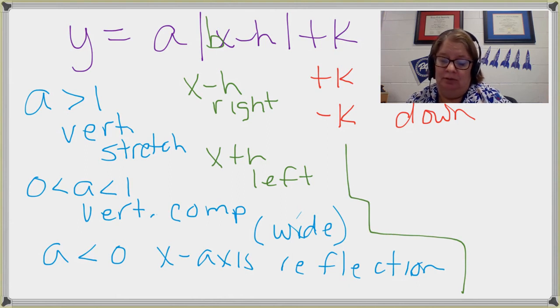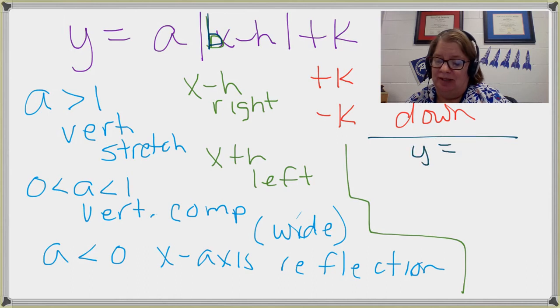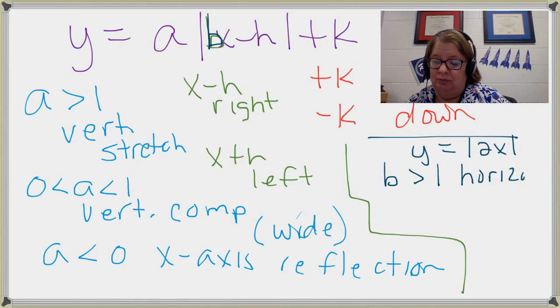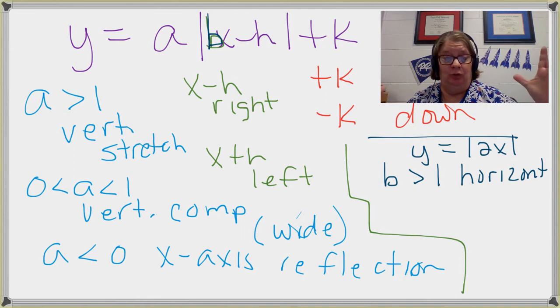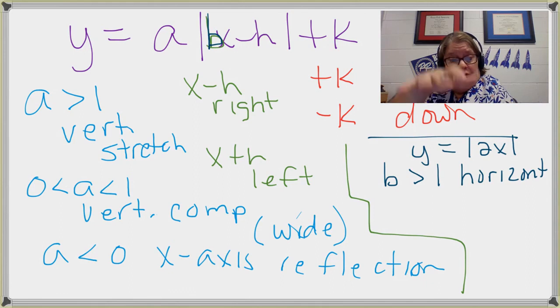If you have y equals absolute value of 2x, if that b is greater than 1, that's going to be a horizontal compression. Bigger than 1 is going to make it skinny. Think about this: vertical stretch makes it skinny, horizontal compression makes it skinny.